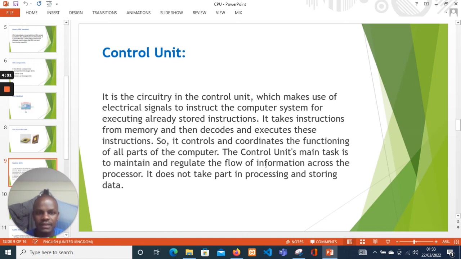So it controls and coordinates the functioning of all parts of the computer. That one is the main purpose of the control unit. The control unit's main task is to maintain and regulate the flow of information across the processor. It does not take part in processing or storage of data.